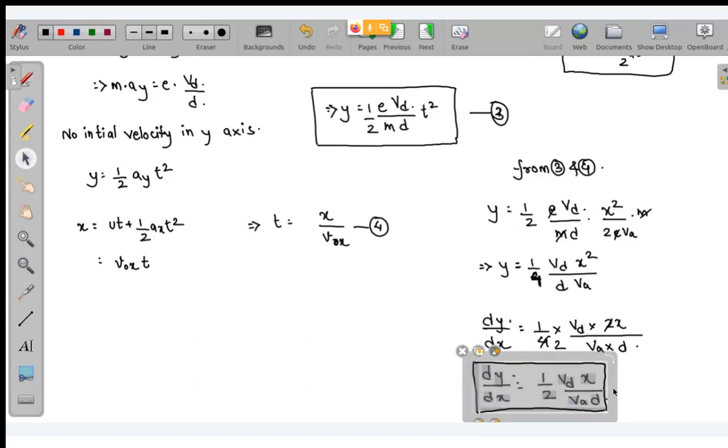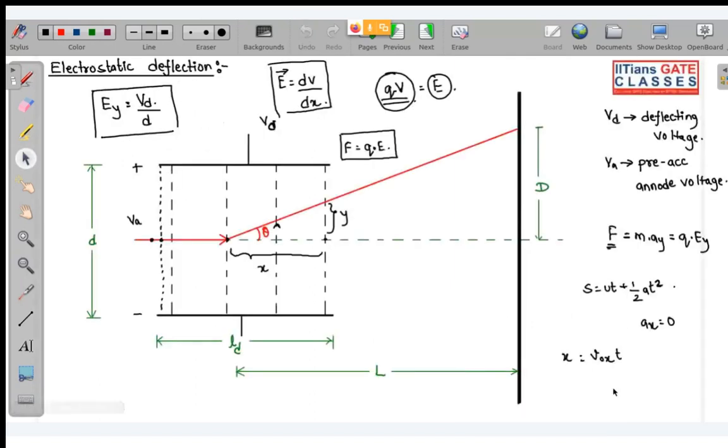Now this is very long. Even I am getting tired proving all these things.